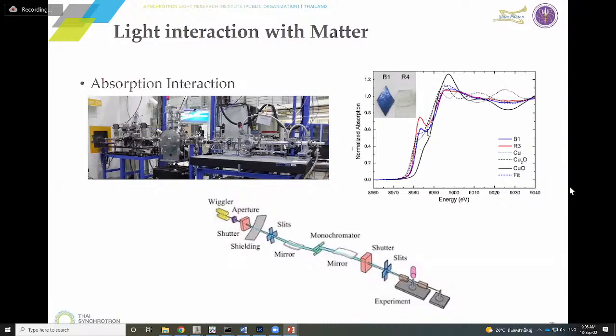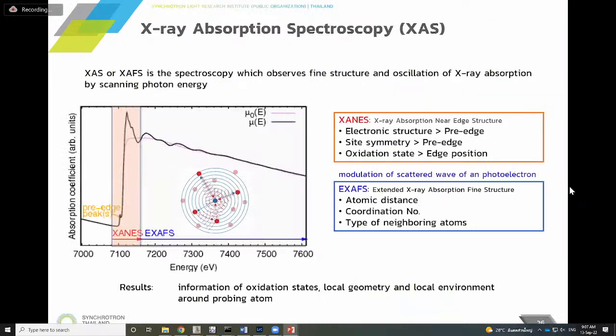And if you analyze the shape of this spectra more deeply, you can tell what atoms are around the copper and how far they are. So you can make up the atomic structure from this information. In this spectrum, we have two ranges: XANES, X-ray absorption near edge spectroscopy, and the extended range we call EXAFS.